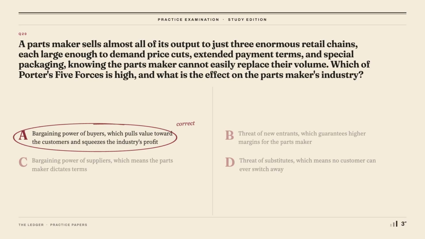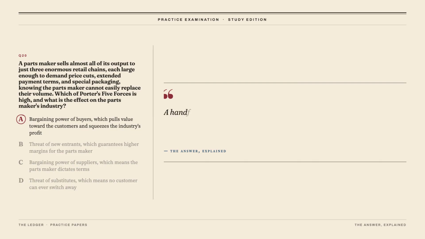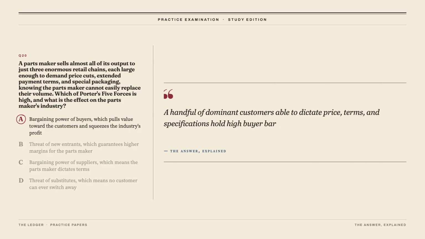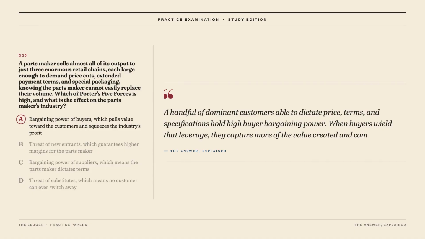The correct answer is A, bargaining power of buyers, which pulls value toward the customers and squeezes the industry's profit. A is correct because a handful of dominant customers able to dictate price, terms, and specifications hold high buyer bargaining power. When buyers wield that leverage, they capture more of the value created and compress the selling industry's profitability.